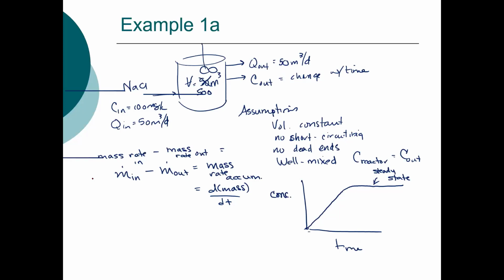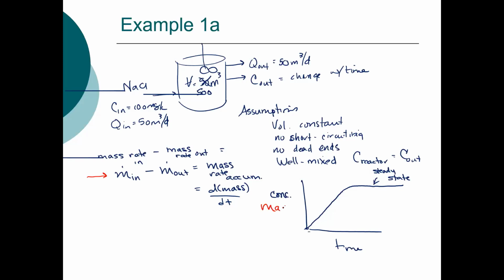We wrote an equation in mathematical terms. So we wrote it in words, we wrote it then in terms. And then what I drew was a model or a graph that showed the change in concentration with time.